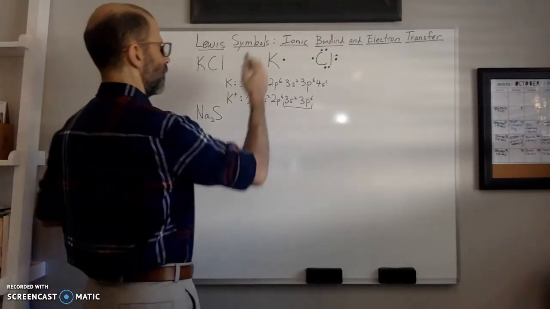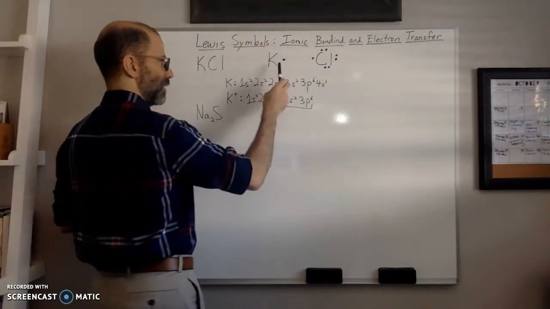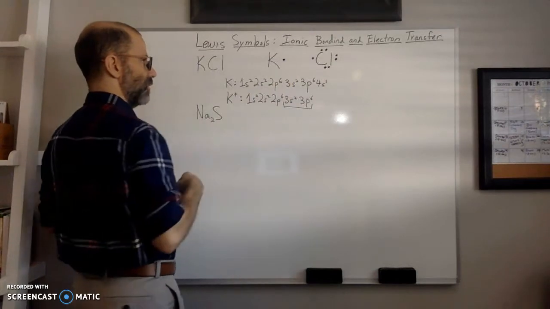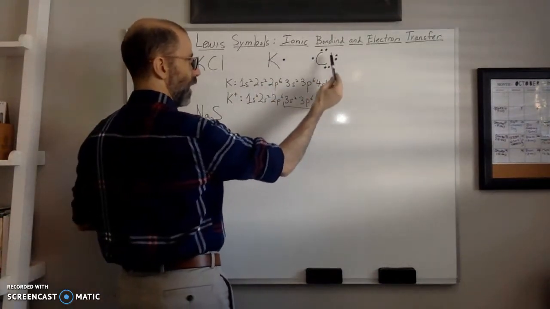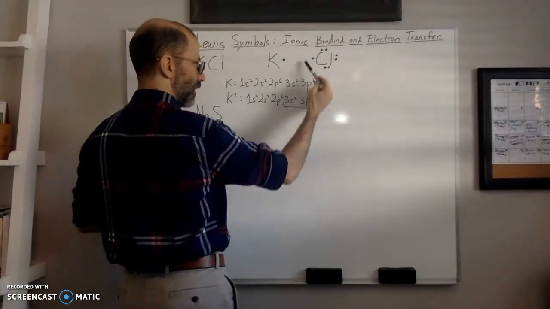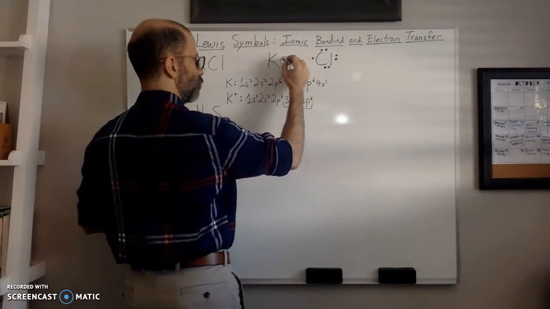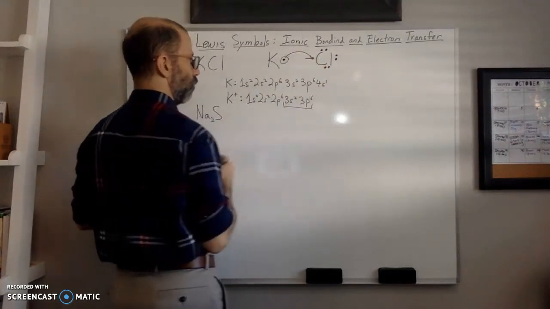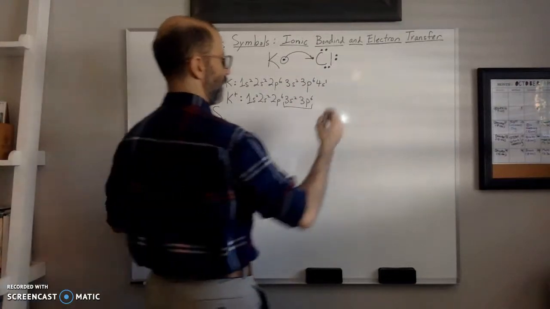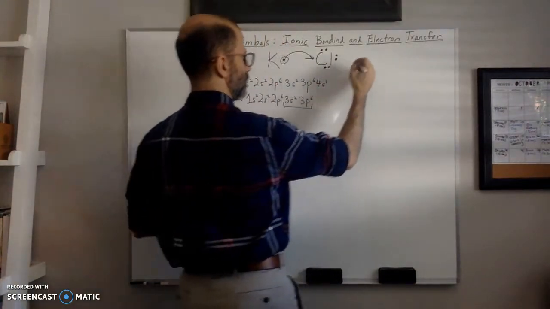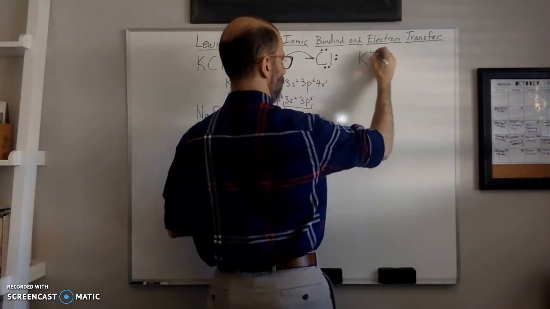And so if we look at our Lewis symbols, we can see that this potassium wants to lose the electron. This chlorine wants to gain the electron to get that full octet. So this electron will be transferred to the chlorine. The way you write this is that what's left over is K plus.